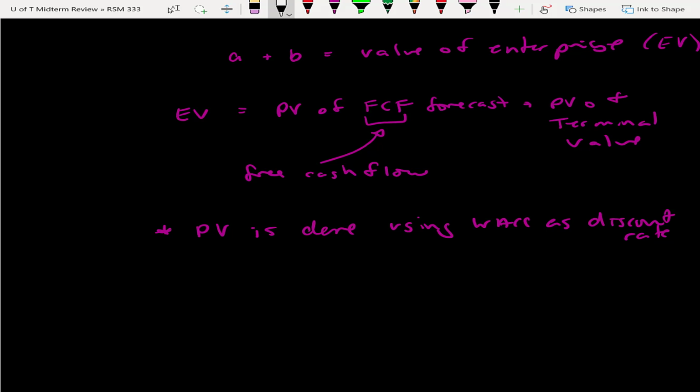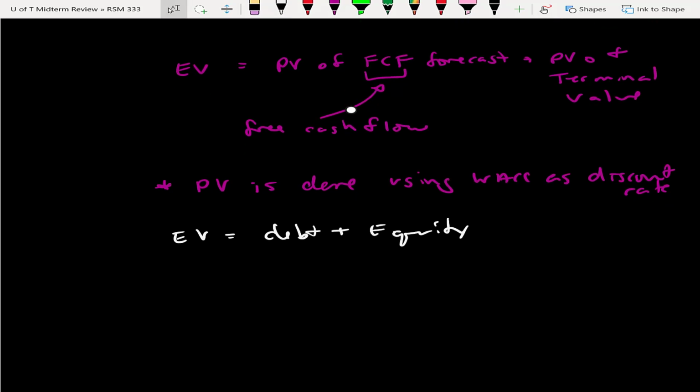Now, what this gets you is the enterprise value. Remember that enterprise value is equal to debt plus equity. So if we're trying to calculate share price, then what we really want is equity. So we say equity is equal to the enterprise value minus, right here, net debt.